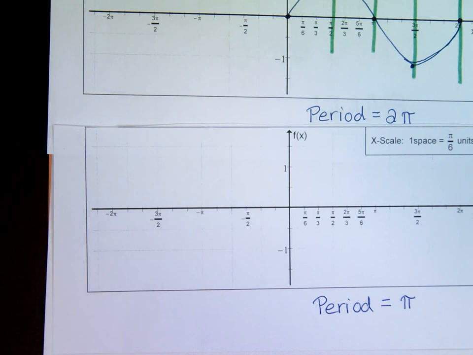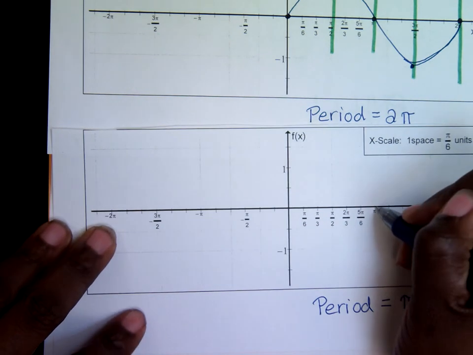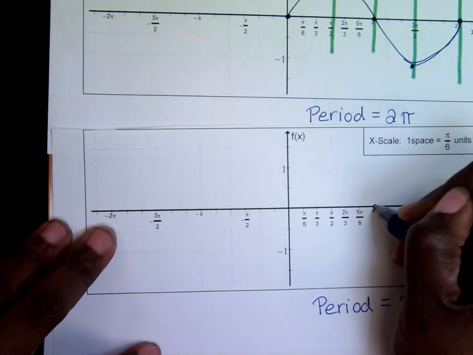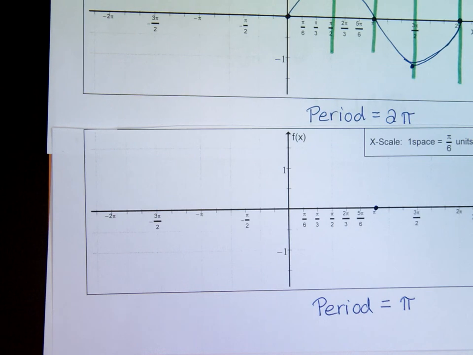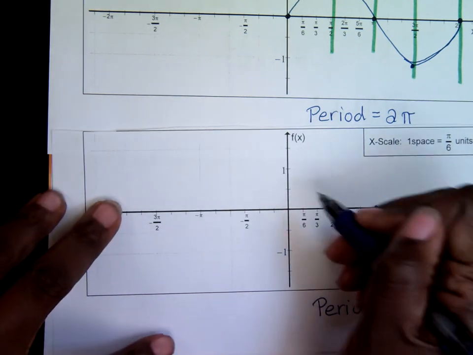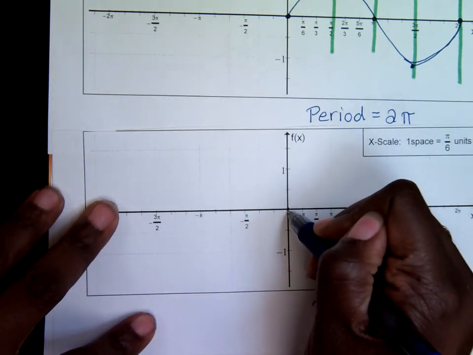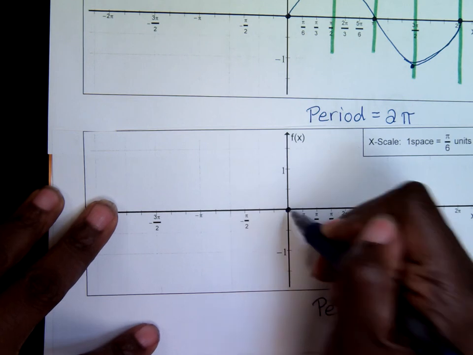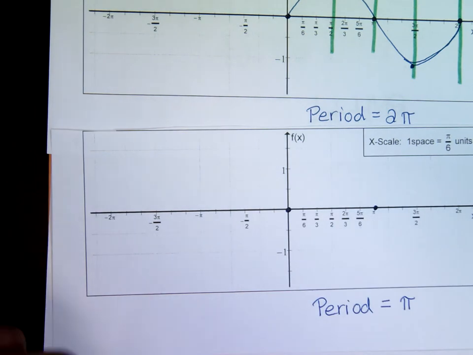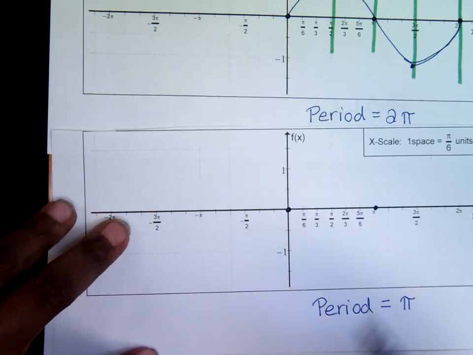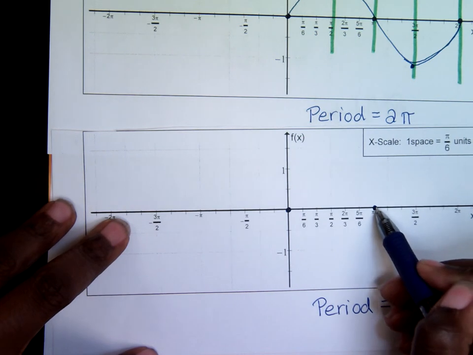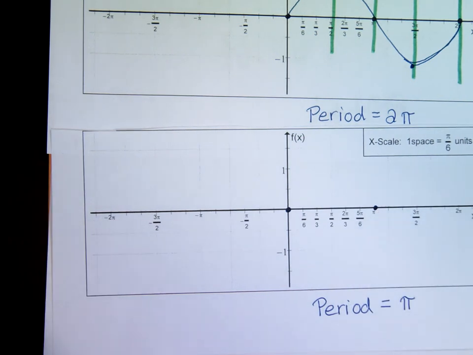So I start off in the same way. I know one full cycle is going to end at pi. So I graph my y-intercepts and my x-intercepts. I'm still starting at the same spot, which is 0, 0. So that's my y-intercept. One of my x-intercepts is where the first full cycle ends, which is pi.